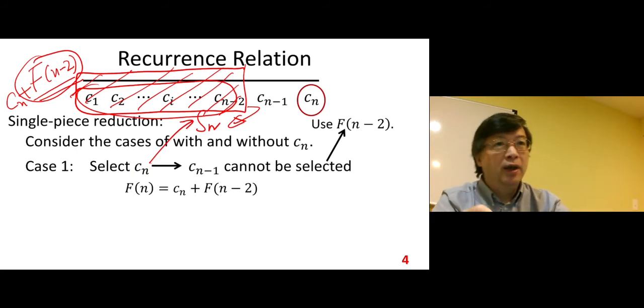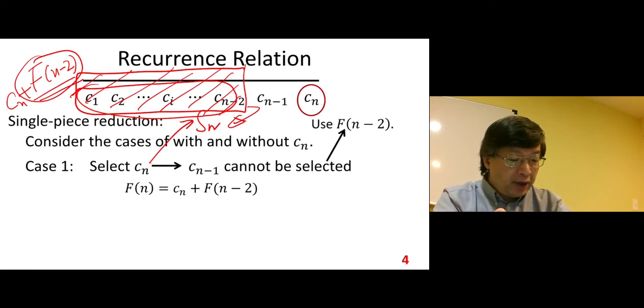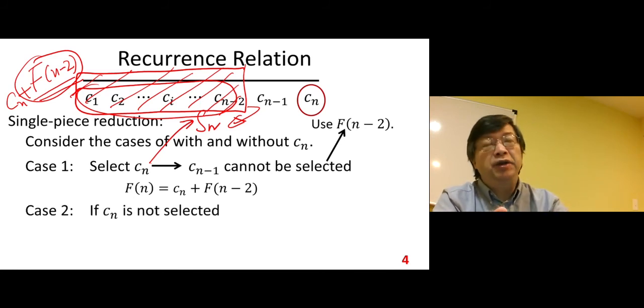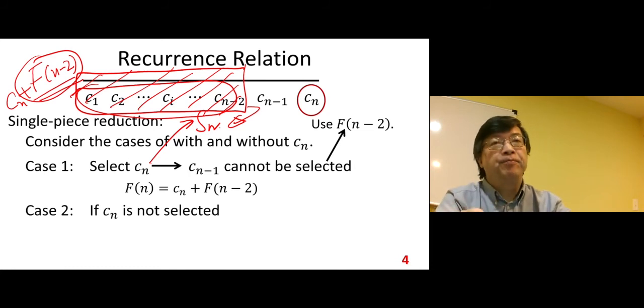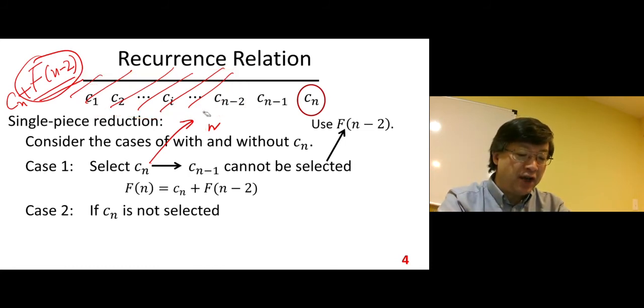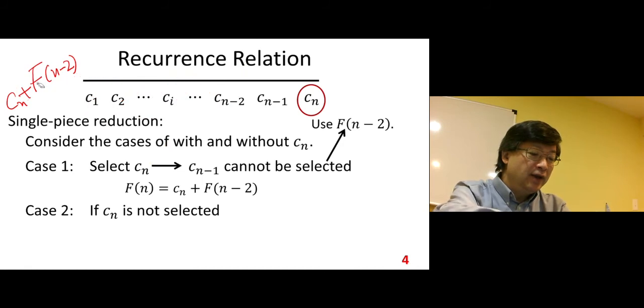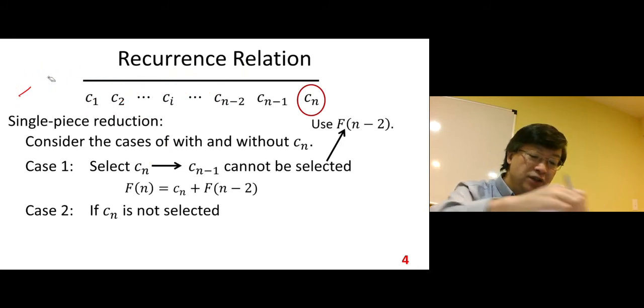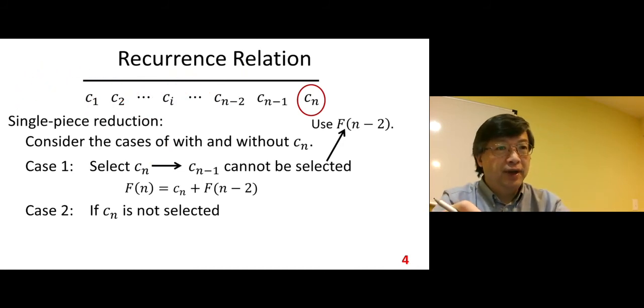This equation. But this is the first case. We have the second case. Cn is not selected in Sn. That's possible. So we need to consider that.